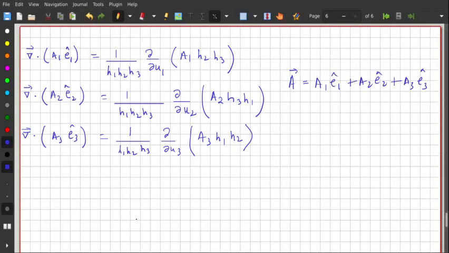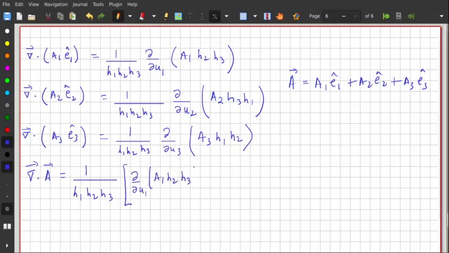We can take all the things together to find the divergence of the vector field in arbitrary curvilinear coordinates with scale factors H1 H2 H3 as this: 1 over H1 H2 H3, and then a sum, partial U1 of A1 H2 H3 plus partial U2 of A2 H3 H1 plus partial U3 of A3 H1 H2.